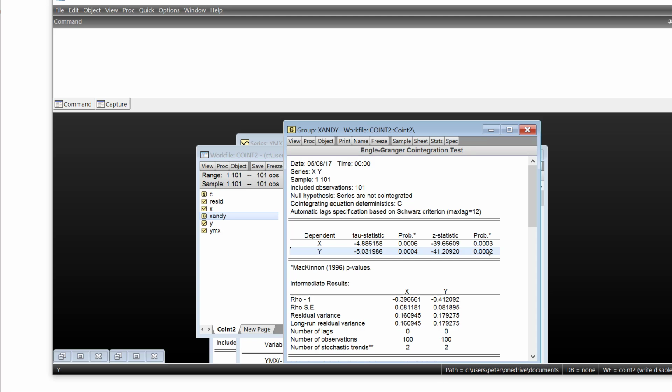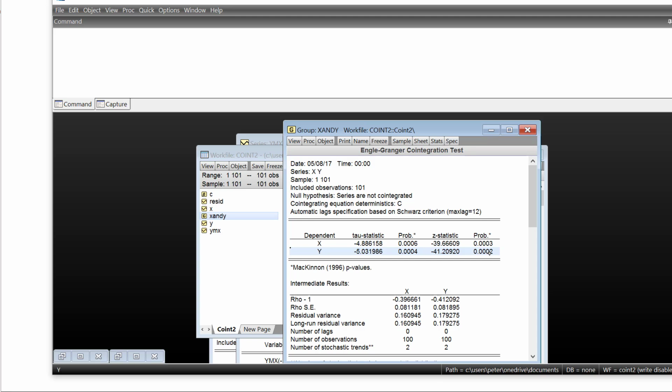The null hypothesis is the same as in the unit root test. That is, the null hypothesis is that there is a unit root in the residuals. And a unit root in the residuals means that the residuals are not stationary, and that in turn means that X and Y are not cointegrated.